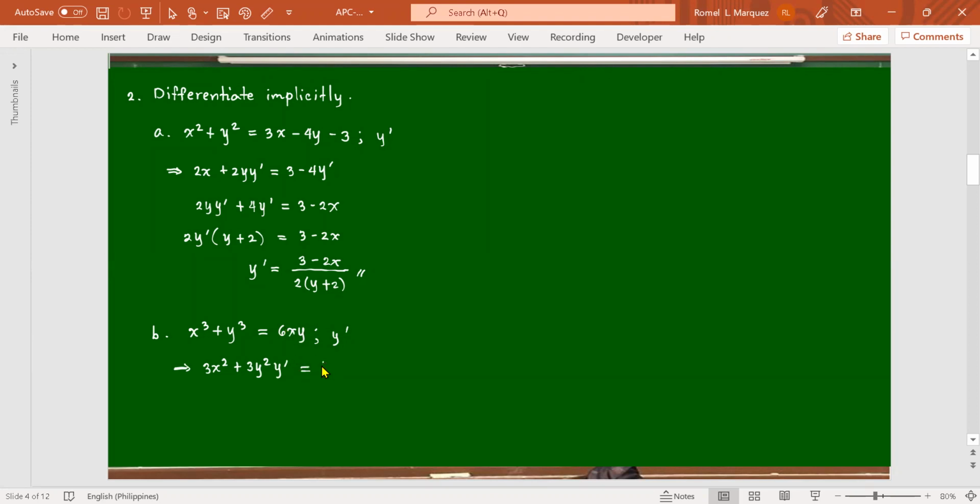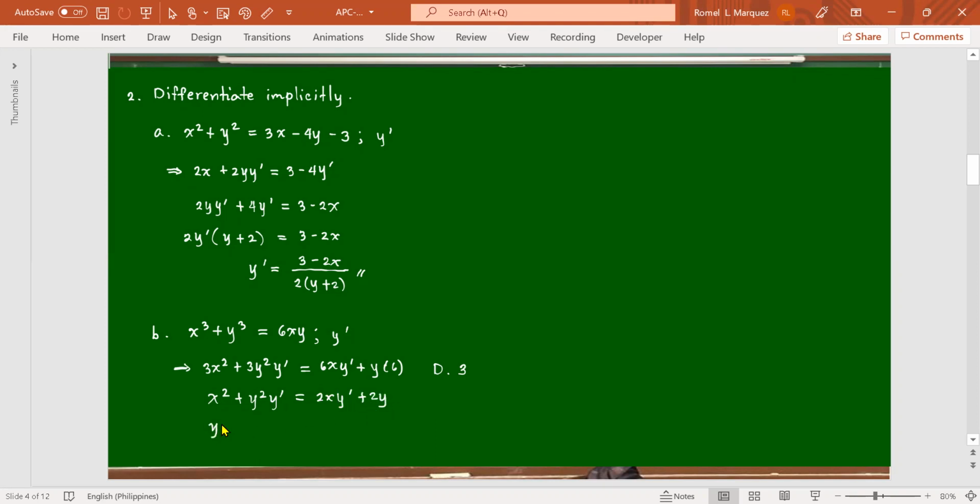That is a product: 6x, derivative of y, y prime, plus y, derivative of 6x, that is 6. So getting 3x squared plus 3y squared y prime, and there is a common factor, so divide by 3: x squared plus y squared y prime equals 2x y prime plus 2y.